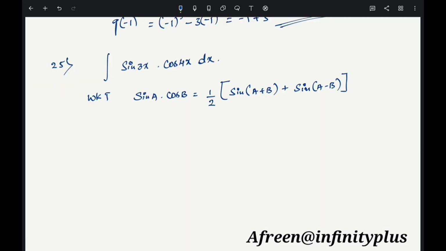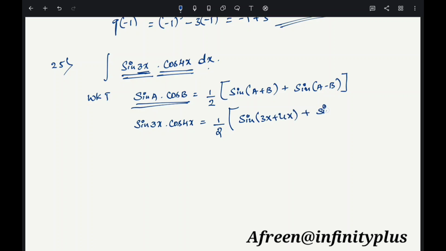Now I have written the question as it is, integration of sine 3x into cos 4x into dx. We people are well known that sine a into cos b formula, which is half into sine a plus b plus sine a minus b. Substitute both the functions here. What you will get? Sine, in a place we are having 3x into cos 4x. So this can be written as half into sine 3x plus 4x plus sine 3x minus 4x.